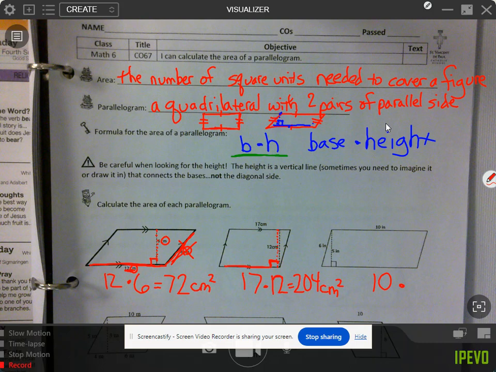It has the right angle. It doesn't always have a right angle there, but if it does, we know that's the height. We know it goes straight up and down. That dotted line from the top base to the bottom base tells us it's the height. What is 10 inches times 5 inches? Madison. 50 inches squared. Because it's inch times inch, so it's inches squared.